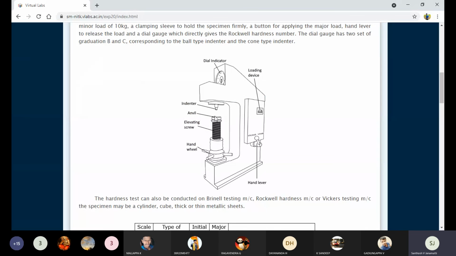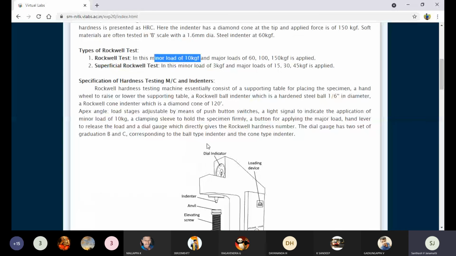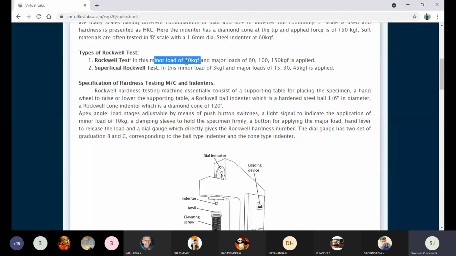That's why we apply some force manually, turning the hand wheel or raising the screw, so these two are in close contact. While doing this, we apply our manual energy, approximately 10 to 15 kg force. Hence, this becomes the minor load.